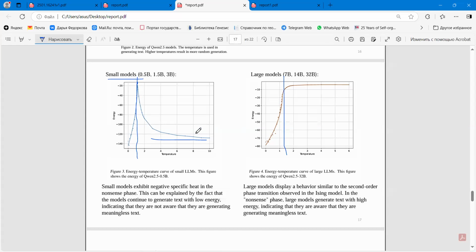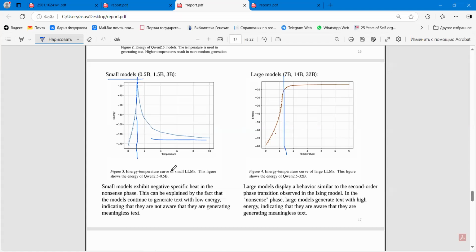Okay, so you don't want then to, oh, I see. So you want the energy, the temperature depends, you want to be on the right-hand side, which is similar to the Ising model. Yes? And the left-hand side is not like the Ising model. And you're saying that at some point, as you increase the size of the model, it transitions from how it behaves on the left to how it behaves on the right, something like this.